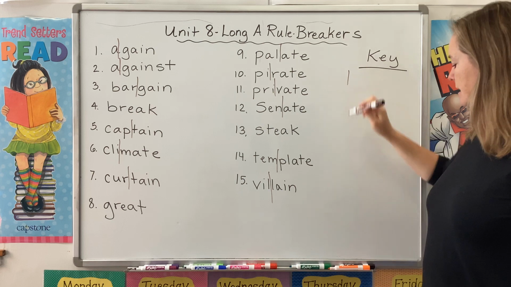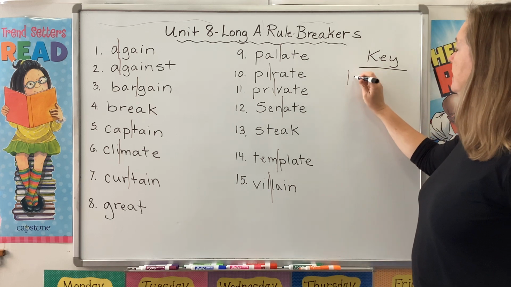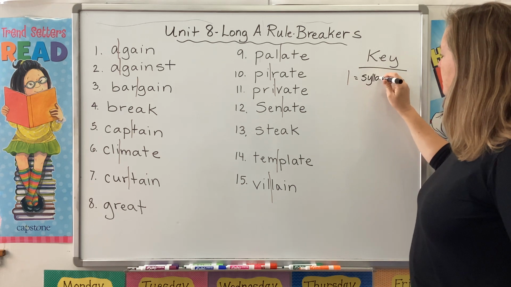In our key, a brown vertical line equals syllable break.